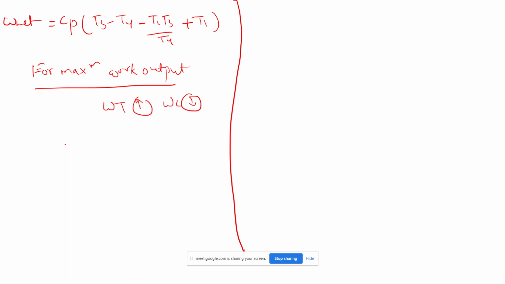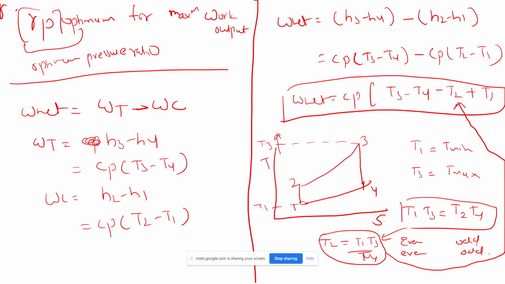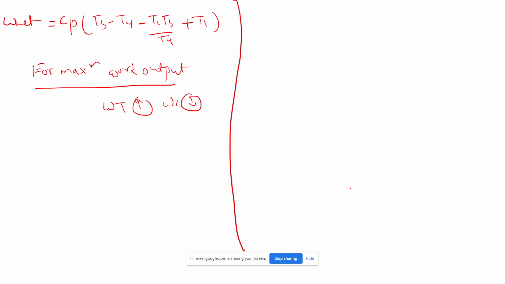Okay. So for more turbine work, we want temperature T4 to be lower and lower. The lower T4 goes, the more turbine work we will get.